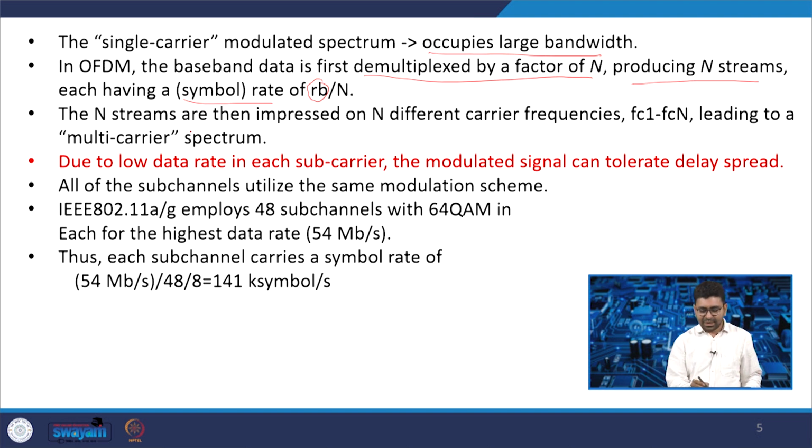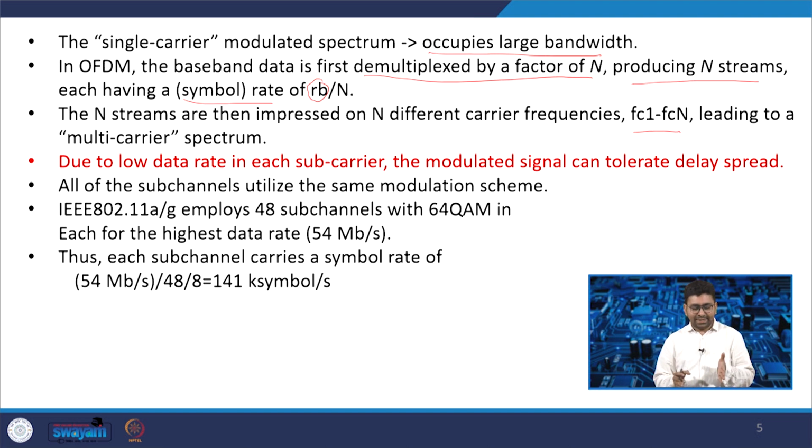The N streams are then impressed on N different carrier frequencies, that I told, FC1 to FCN, leading to the multi carrier spectrum. So, sometimes OFDM is also considered as multi carrier modulation, because we are considering FC1 to FCN multi carriers.